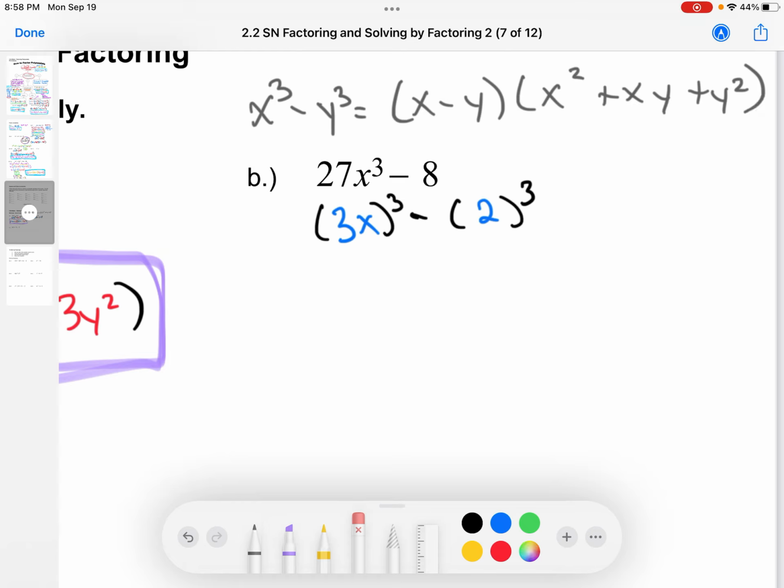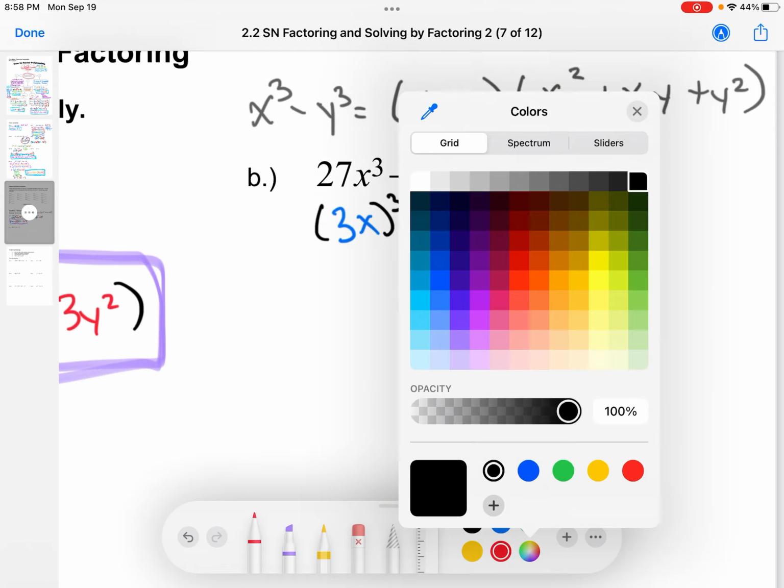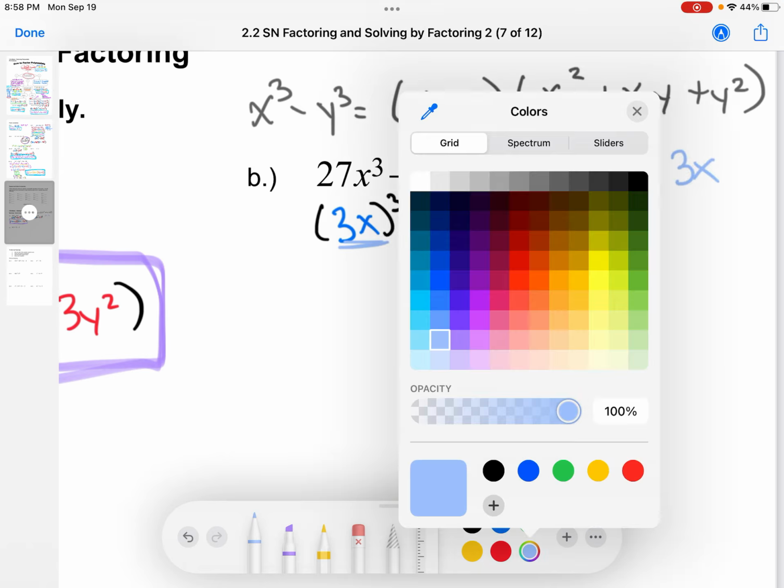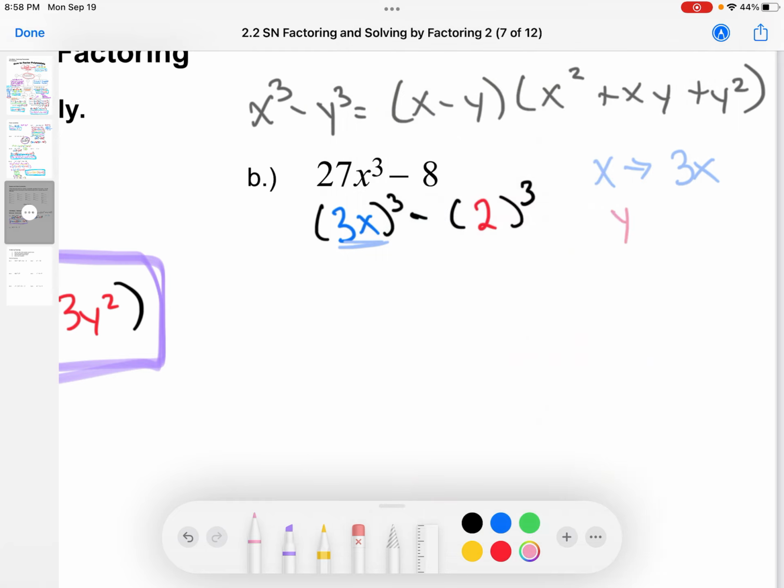So we'll plug in what we need. For the x in this formula, we're going to plug in the 3x from our problem. For the y in that formula, we're going to plug in the 2. So as we factor this, that first parentheses will have a minus. We'll have 3x minus 2 in that first parentheses.